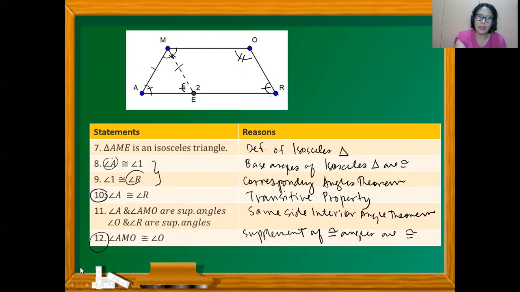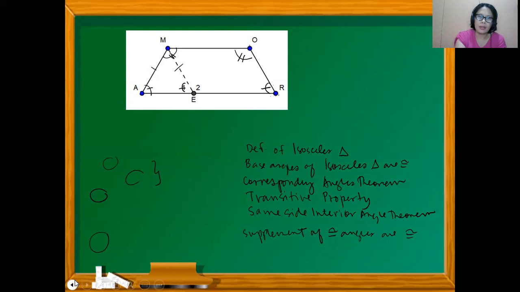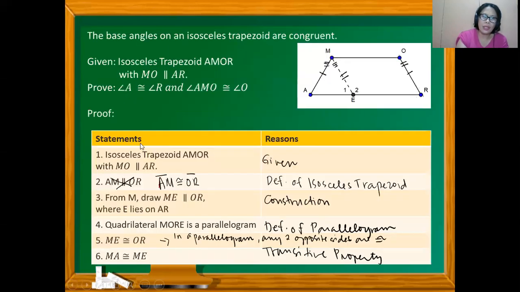So we can say that really the base angles of an isosceles trapezoid are congruent. So this is congruent to this while this is congruent to this. So that's it for now, grade 9. Thank you for listening.